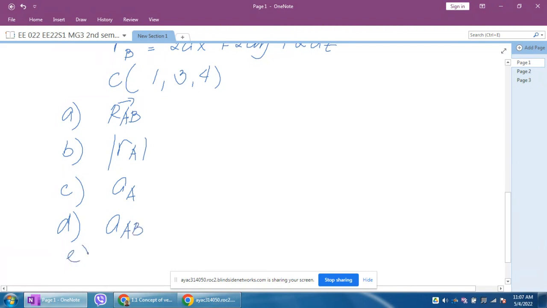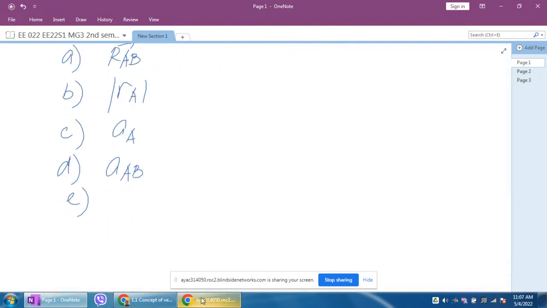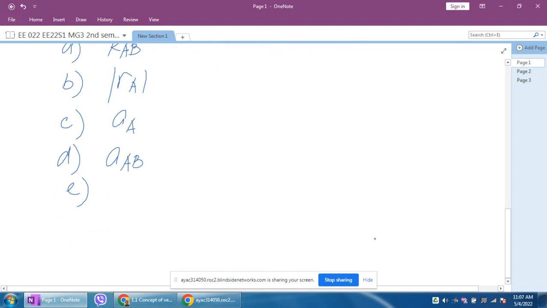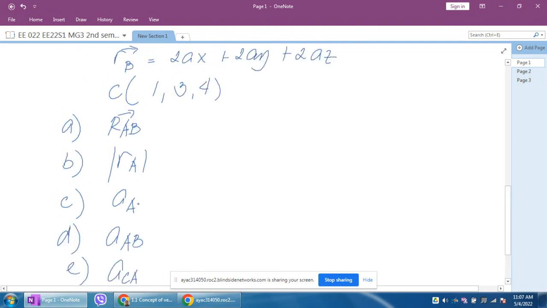And letter E, a unit vector directed from C towards A. So ganito ko po isusulat yun, ha? A unit vector directed from C towards A. Ang unit vector, small a lang po. And then, ang subscript ko po, CA. From C papunta kay A. So ganun po yung paggamit ko ng subscript.